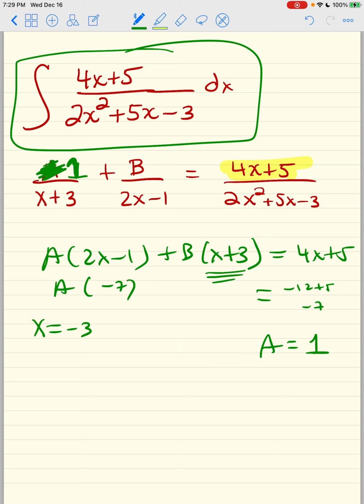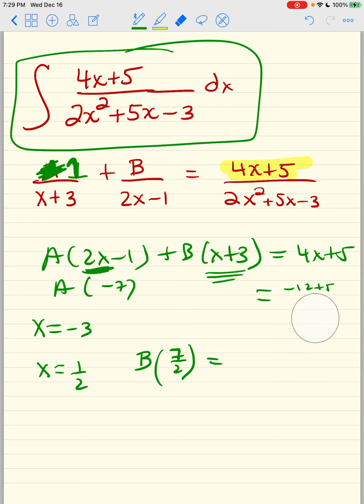Let's solve for B. I'm going to have to put a half, right? 2 times a half, so x equals a half. So 2 times a half is 1, minus 1 is 0. And then I'm going to have B times 1/2 plus 3. Well, 1/2 plus 3 is really 7/2, okay? And now I'm going to put 1/2 here.